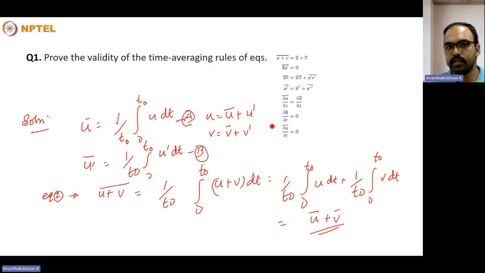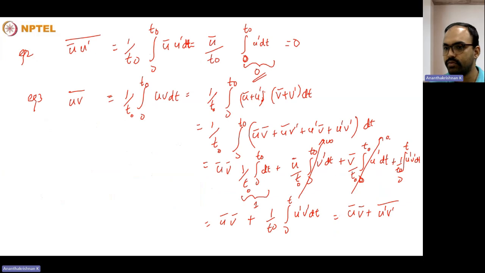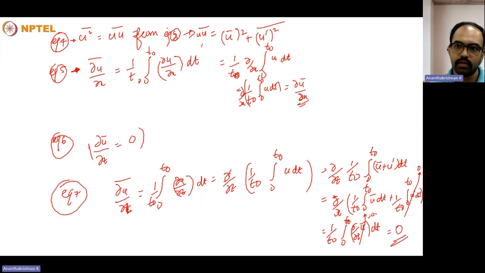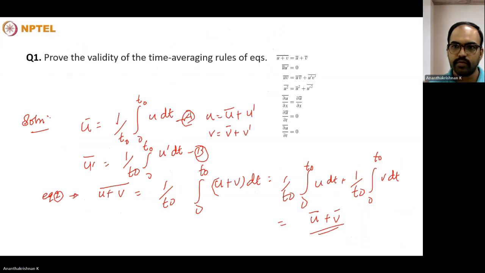So this was one exercise that we have done to check the validity of these time averaging rules that we directly use when deriving the Reynolds averaged Navier-Stokes equation. Using these mathematical formulations, we have obtained that these sets of equations are truly valid and we can use them straight away.